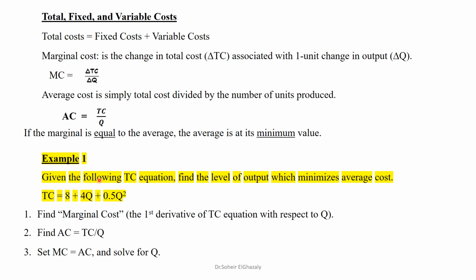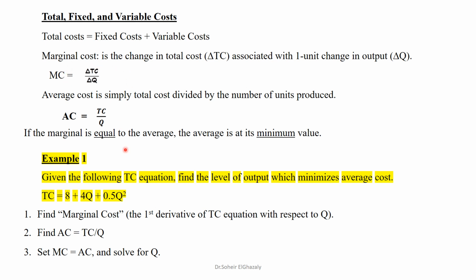So let's start with a very simple example. Total cost equals this. What do they need? Find marginal cost. I'm not going to write that down, but you have to figure this out. It is not going to be written in the exam, but you have to remember that in order to get the marginal cost, you have to do the change.